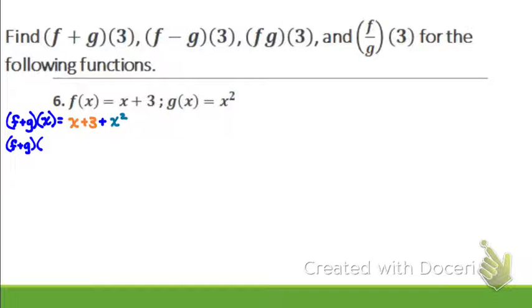You could put it in order, but I'm going to evaluate this now for 3. So I'm going to get 6 plus 9, and 6 plus 9 gives me 15. So the sum of f plus g of 3 is 15.